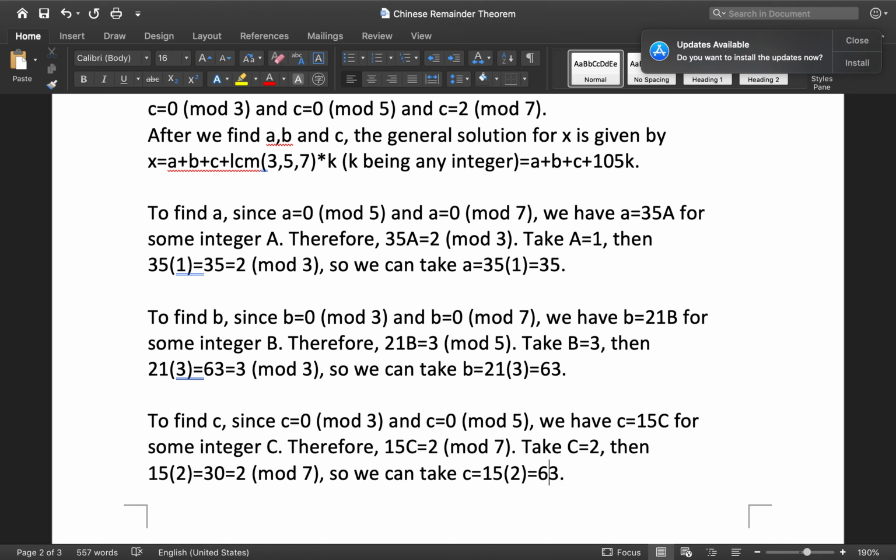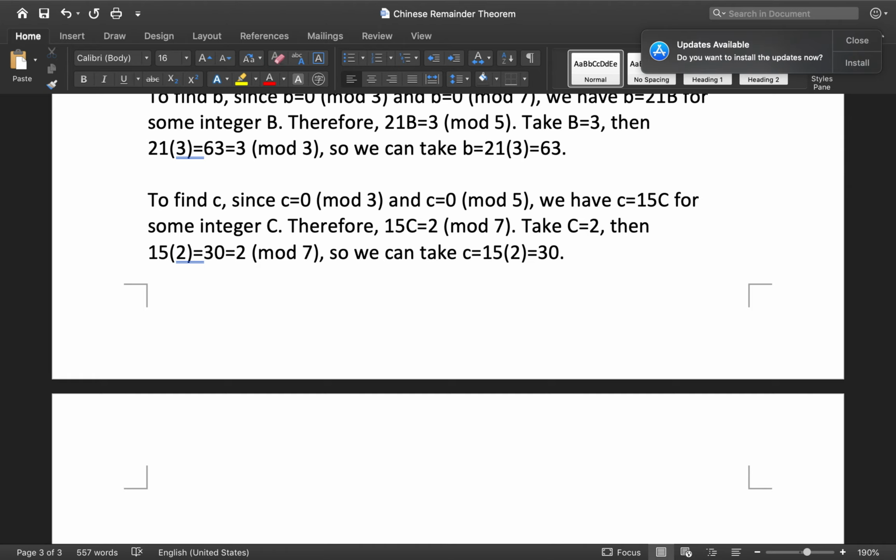So we got all the values for a, b, and c. So we got it. Therefore, x now is just the sum of a plus b plus c, remember, plus 105 times k, k being any integer.